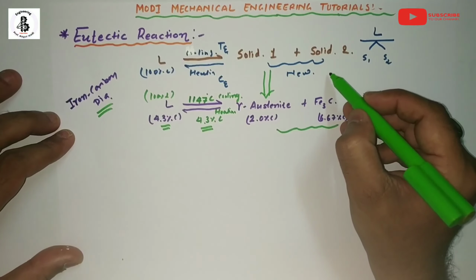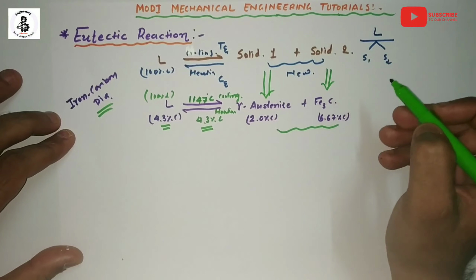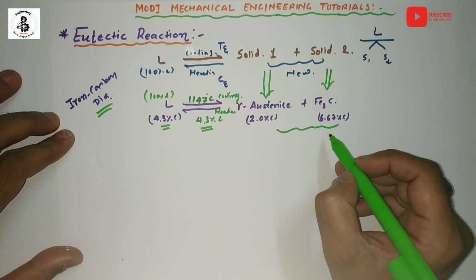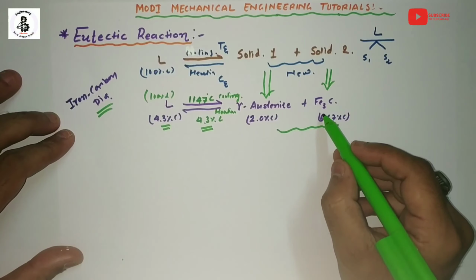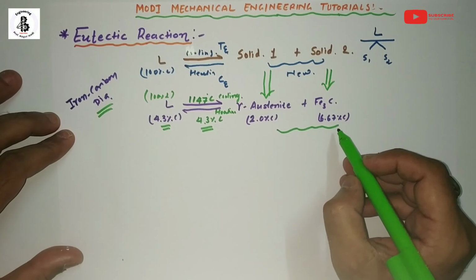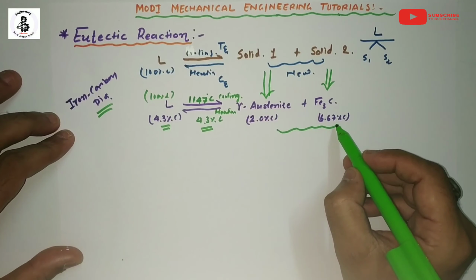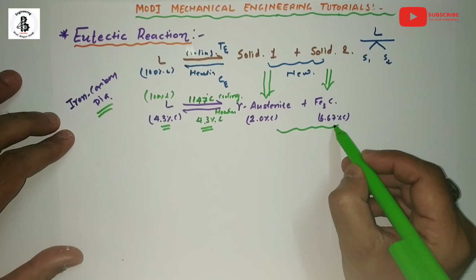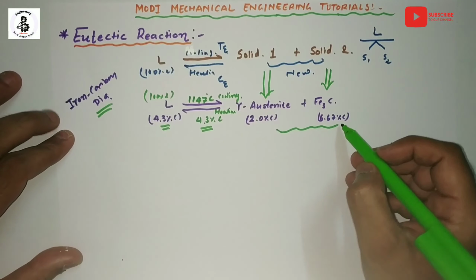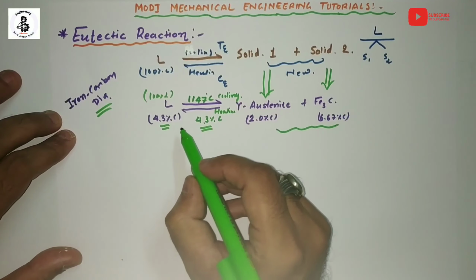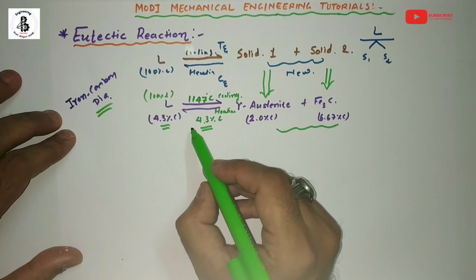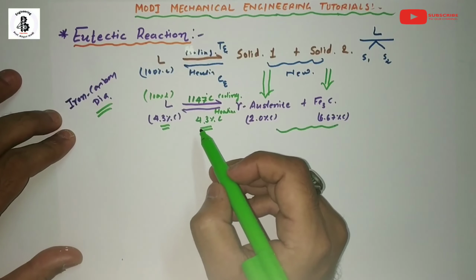Now solid 2 is Fe3C, or you can say cementite. The solubility of carbon in iron for Fe3C is 6.67%. So that is the eutectic reaction that occurs on the iron carbon diagram.